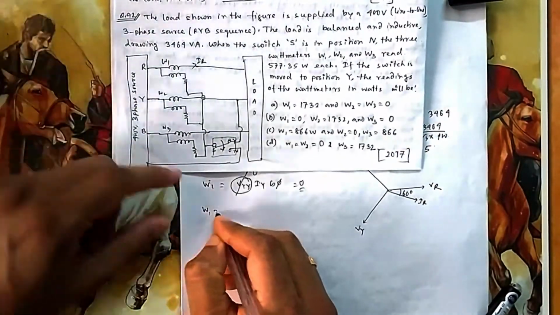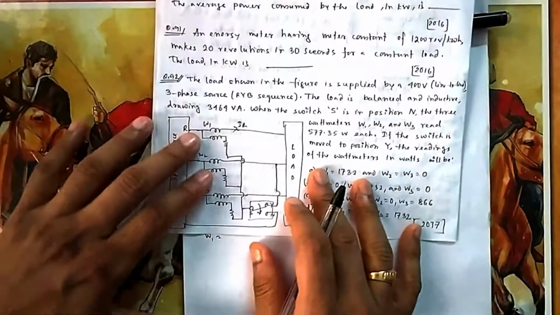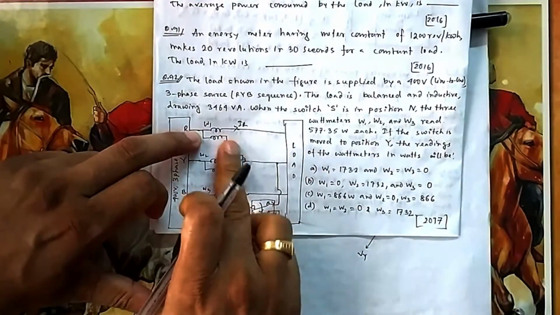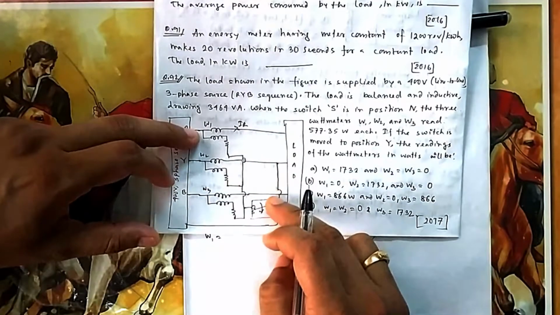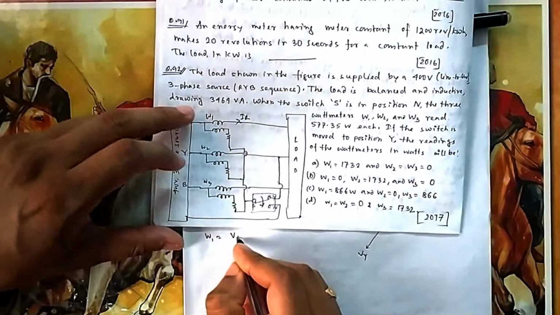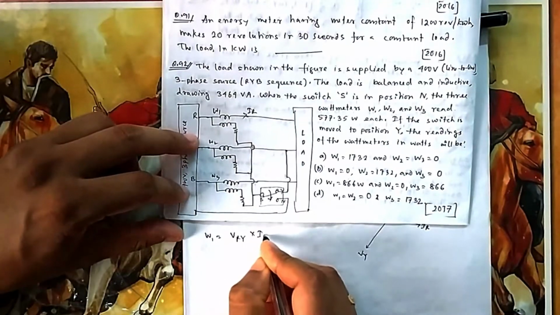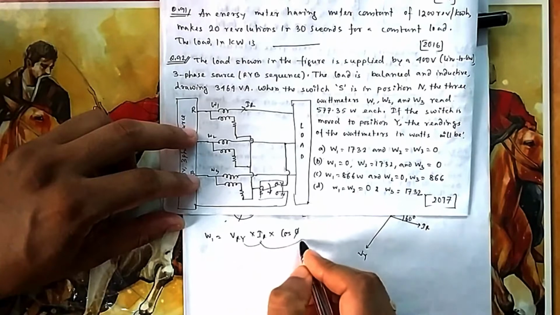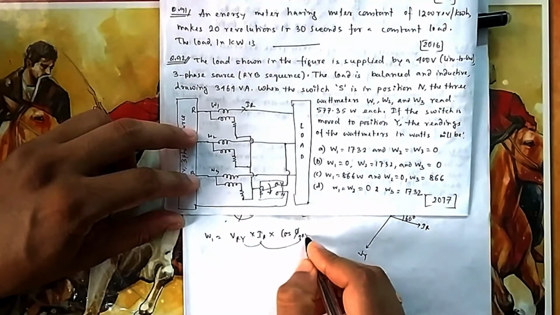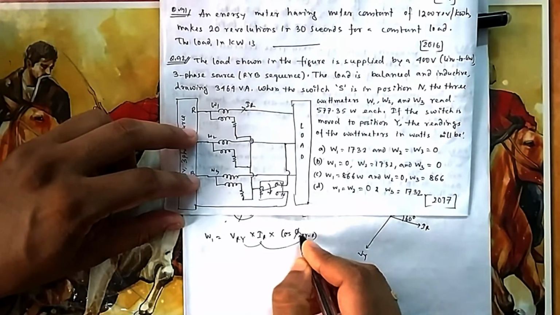So you go for W1. What is W1 measuring? Its pressure coil is connected to R and Y, so it is VRY, and then it is IR, and then cos of the angle between these two, that is the phi, VRY and IR.